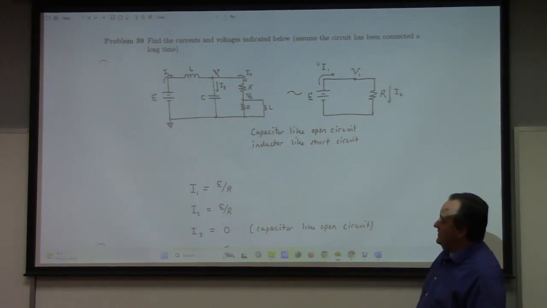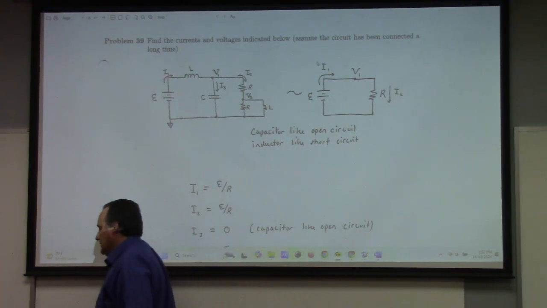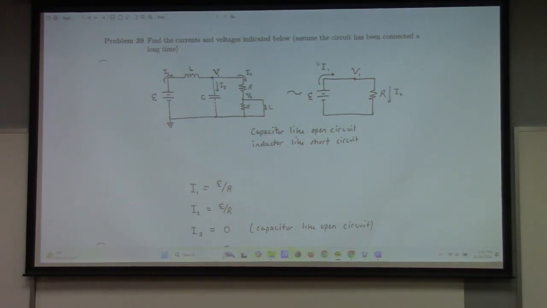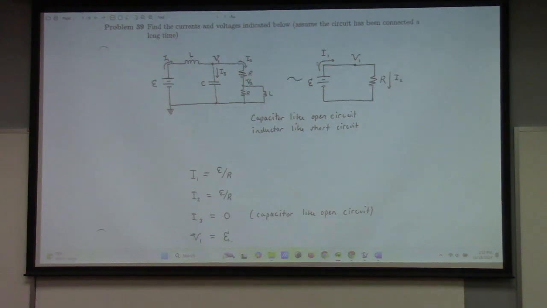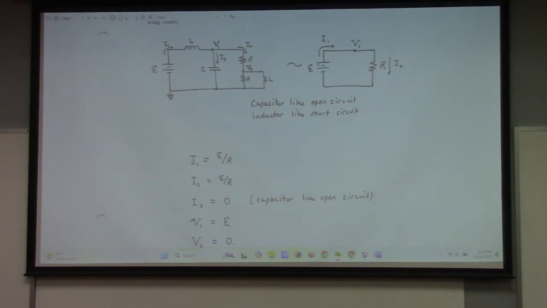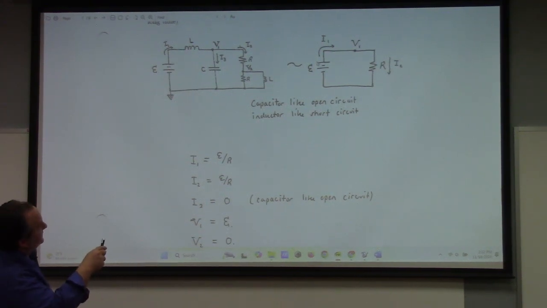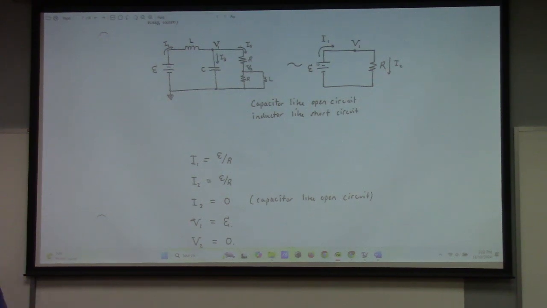I3 is also 0, because after a long time the capacitor is like an open circuit. And V1 would be the whole voltage, because again this inductor is like a short circuit.